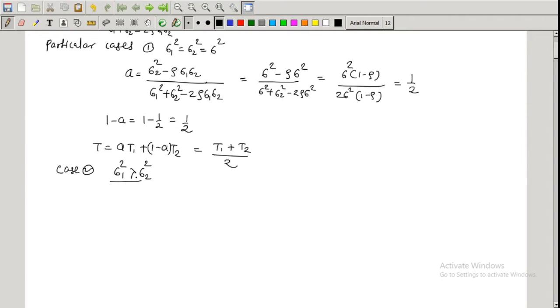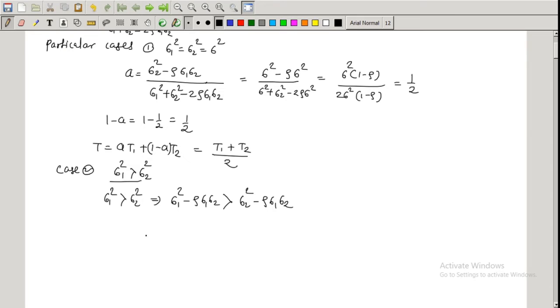My aim is to compare the terms related to A. So this implies, if I subtract rho into sigma 1 sigma 2 from both sides, I get sigma 1 square minus rho sigma 1 sigma 2 is greater than sigma 2 square minus rho sigma 1 sigma 2.